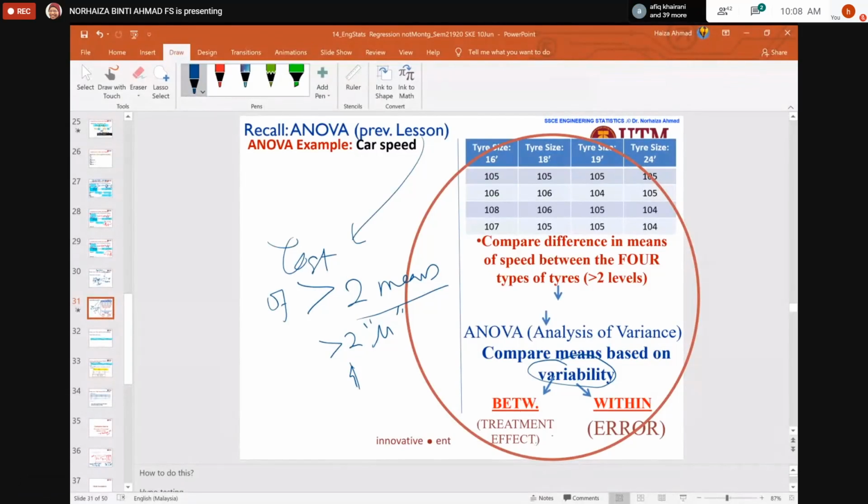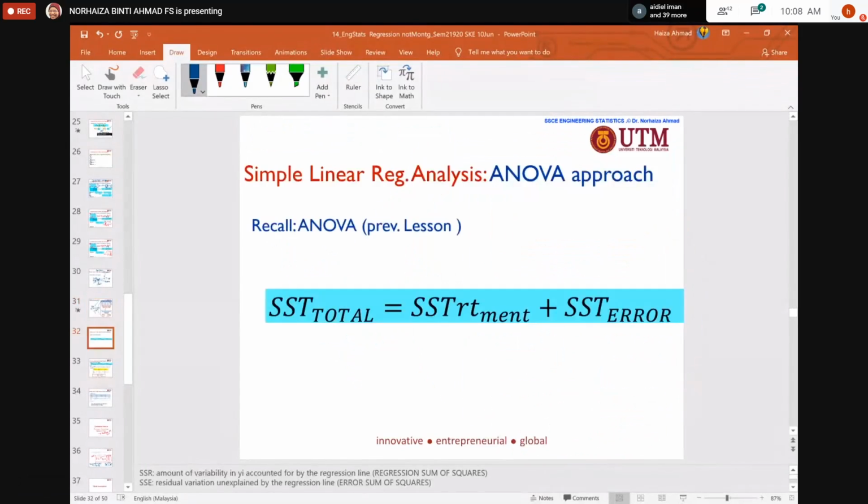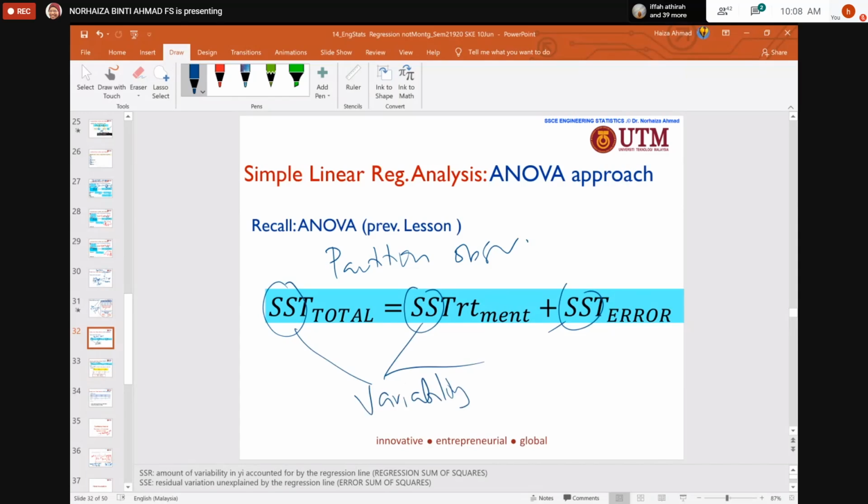You break the data apart. What you did was you partition your observations through these two things. So this refers to the variability. Sum of squares refers to the variability.